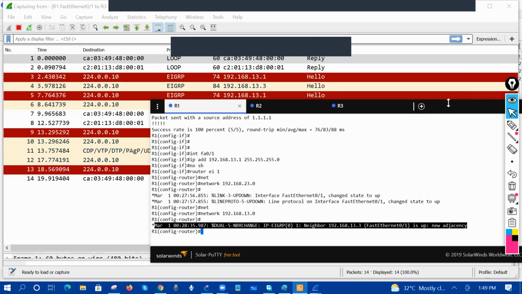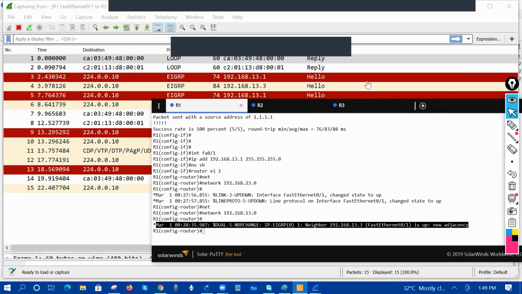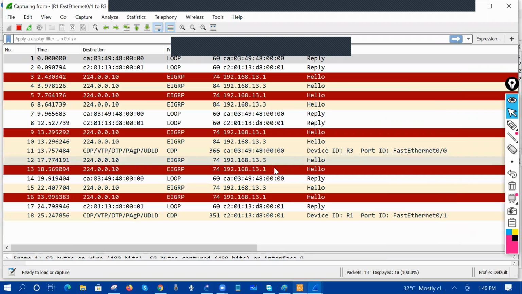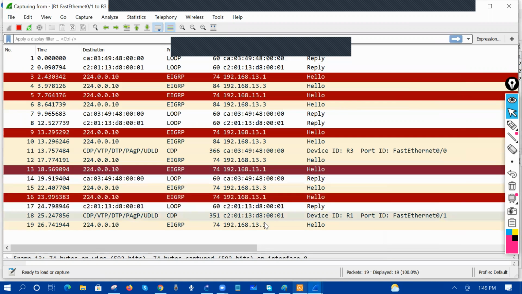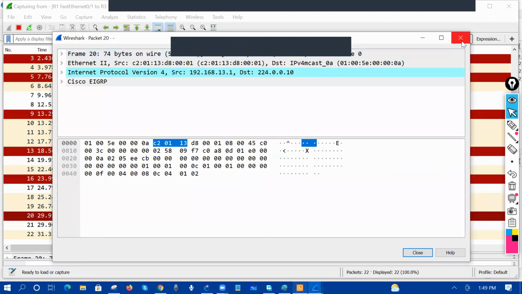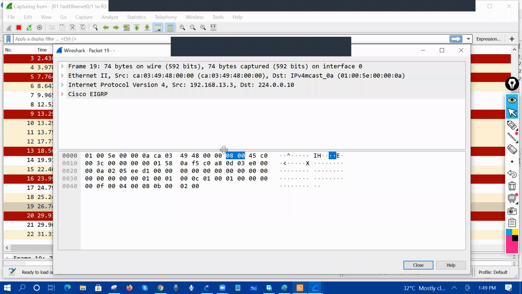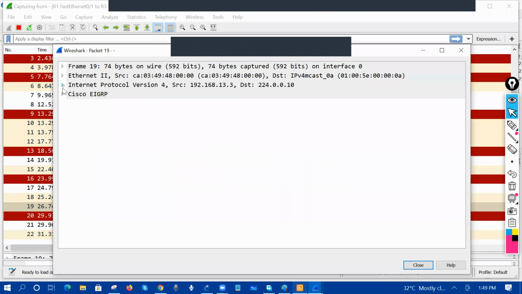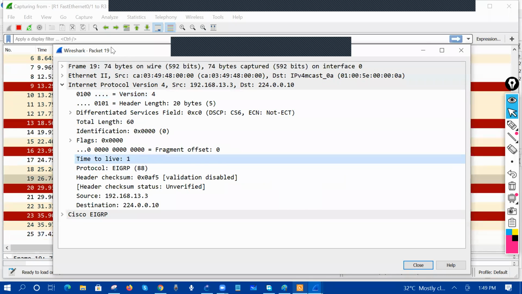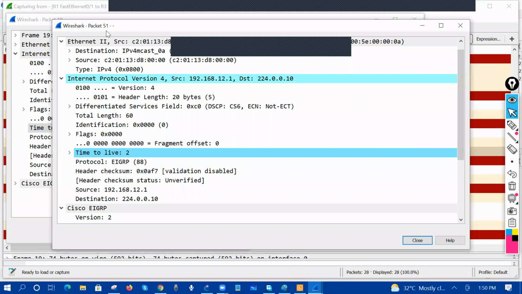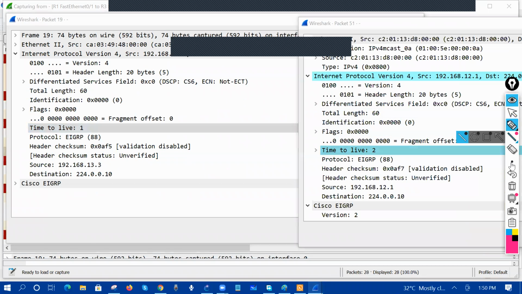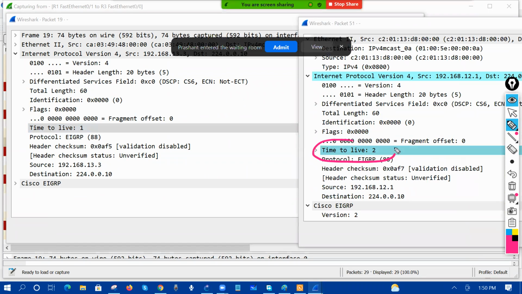It's different. And if you see the 13.1, that's not this one. I want 13.3. If you see the TTL value, here it is 1, and for this one it is 2. That's the main difference when you're deploying EIGRP between the two different versions.